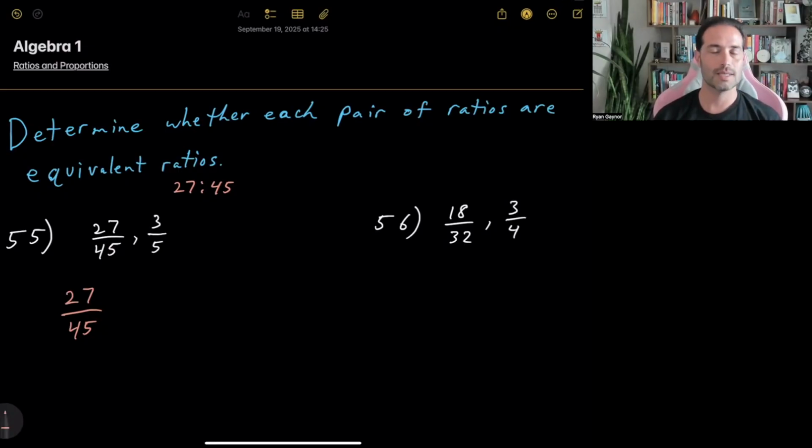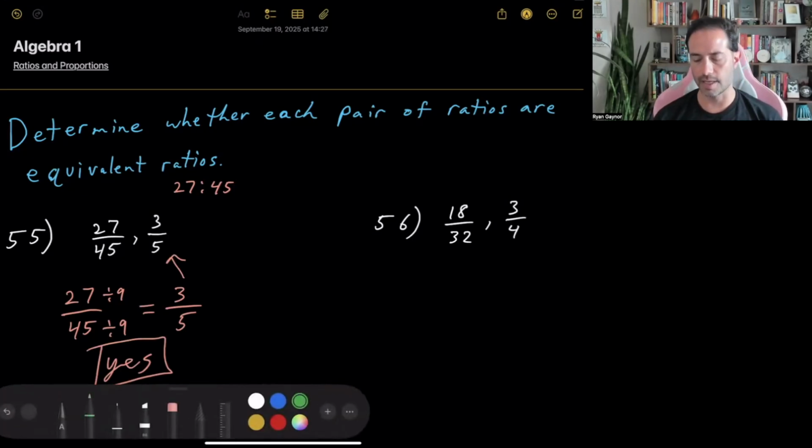Yes, it does. It goes in 5 times. So if I write divided by 9 for this one and divided by 9 for this one, remember, it's very important that it has to be divided by the same number. That's balance. We end up getting 27 divided by 9 is 3, and 45 divided by 9 is 5. So we end up getting this thing, which means they are equal. So the answer is yes.